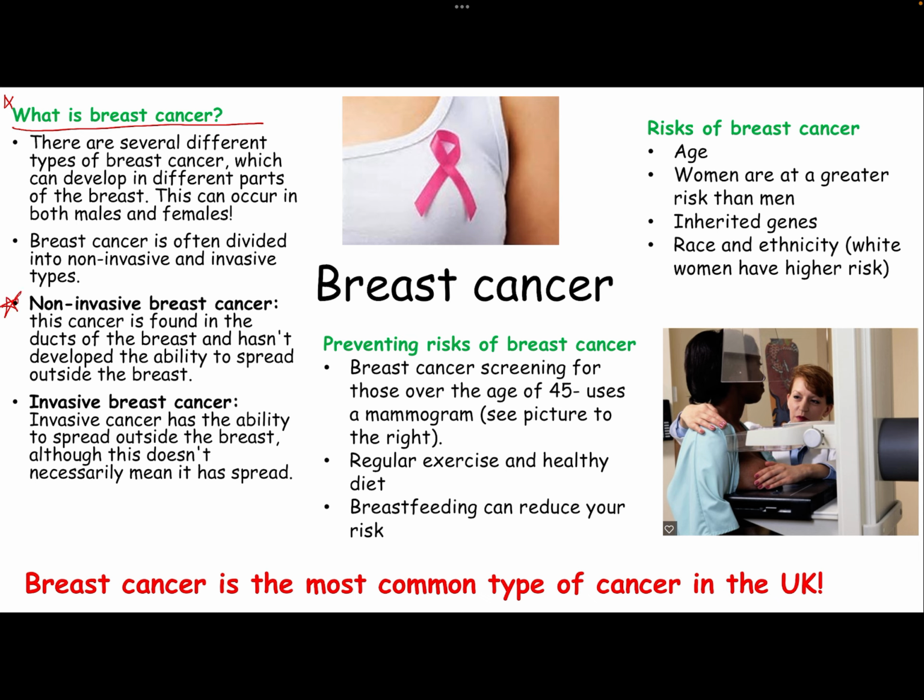Non-invasive breast cancer is found in the ducts of the breast and hasn't developed the ability to spread outside the breast. Invasive breast cancer, on the other hand, has the ability to spread outside the breast, although this doesn't necessarily mean it has spread.